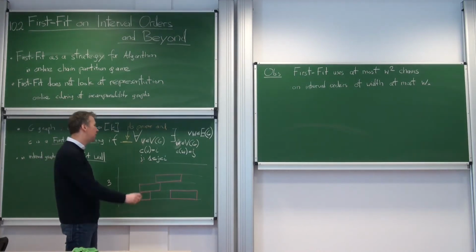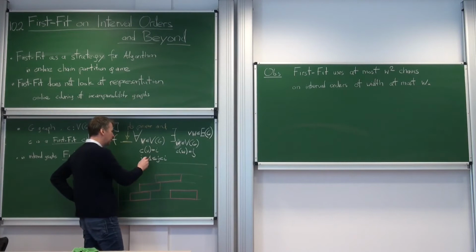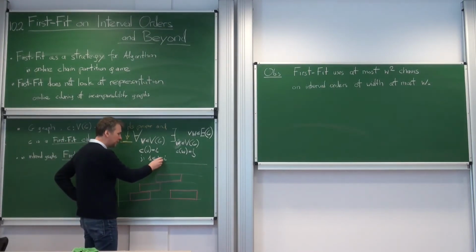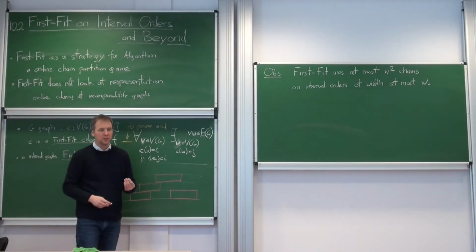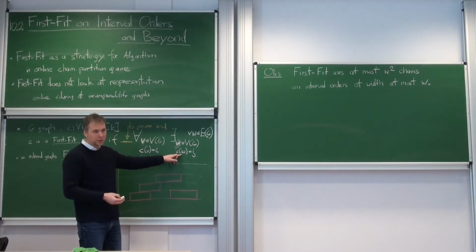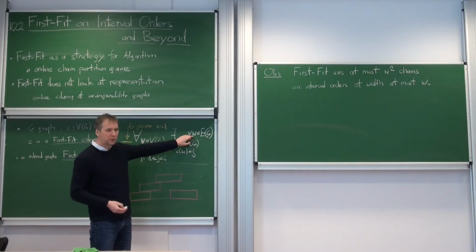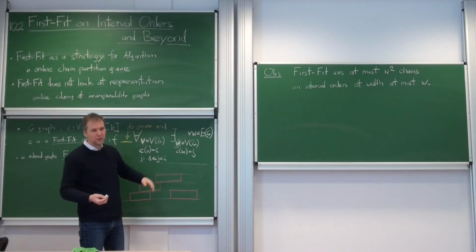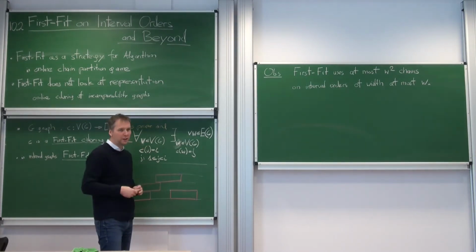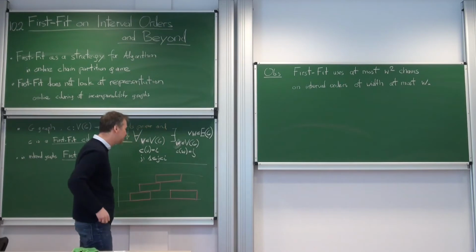For every vertex v, say its color is i, and for every color j smaller than i, there must be a reason why v is not colored with a smaller color. So there must be a vertex w colored with the smaller color j such that v and w are adjacent. That is the reason why v wasn't colored with j, and that's it, that's the first fit coloring.